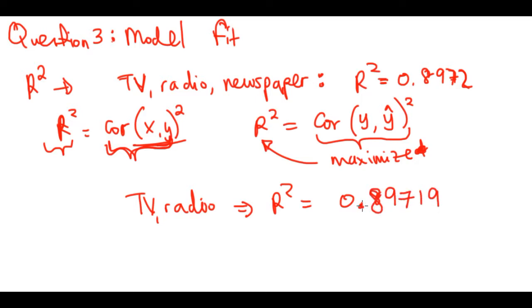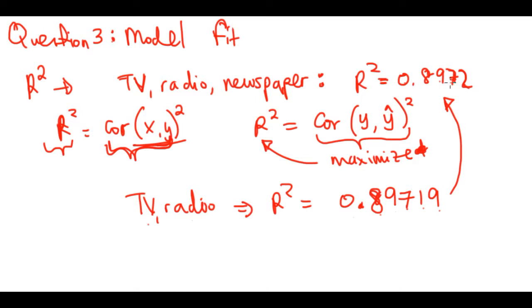Interesting. Do you see what just happened here? When we added newspaper to the TV radio model, it jumped from 0.89719 to 0.8972. So there's a slight increase, right?